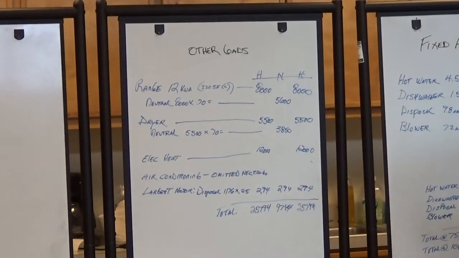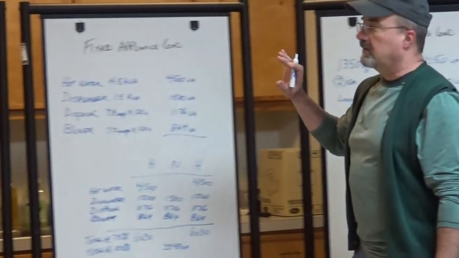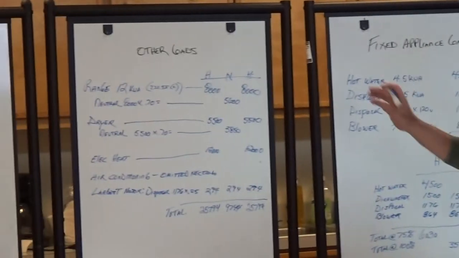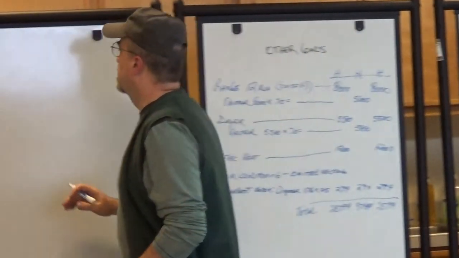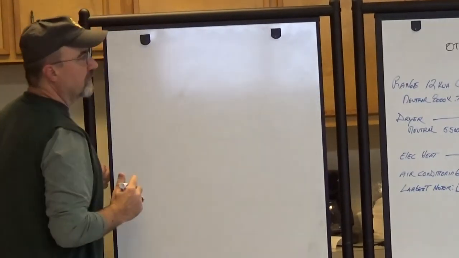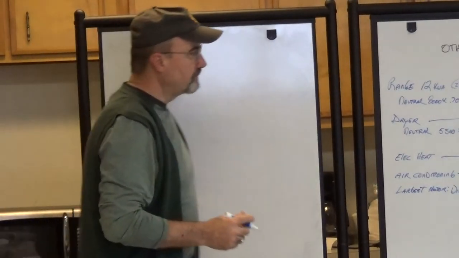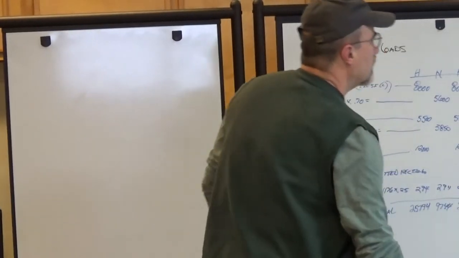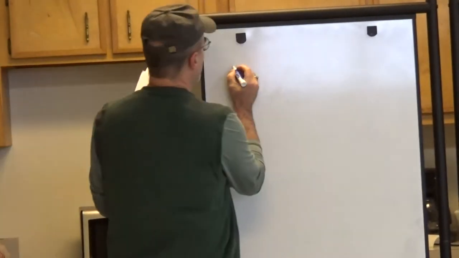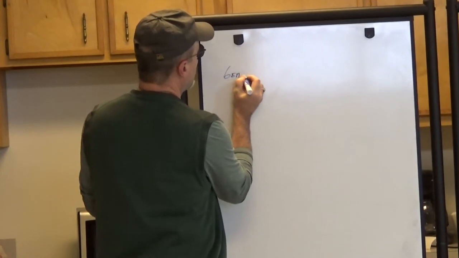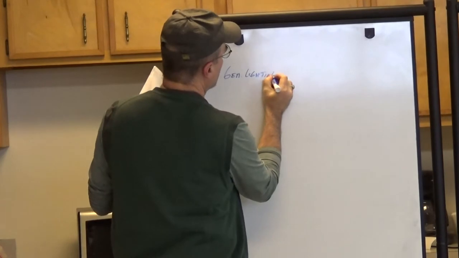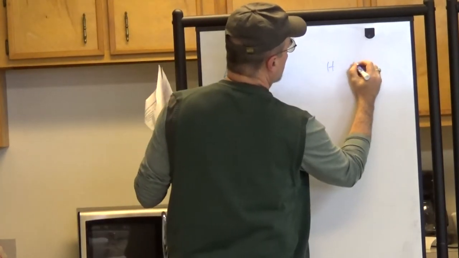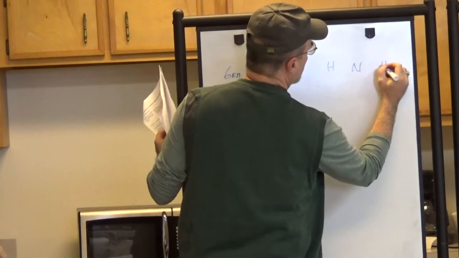That's other loads. So we did the general lighting, we did the fixed appliances, and we did the other loads. So let's add it all up now. The general lighting. So we got hots, we got the neutral, we got the hot.